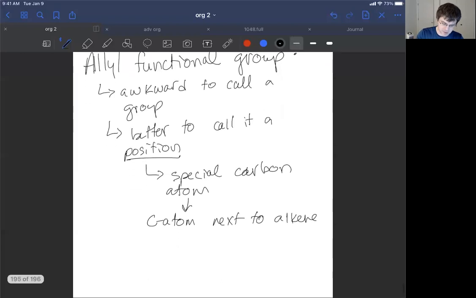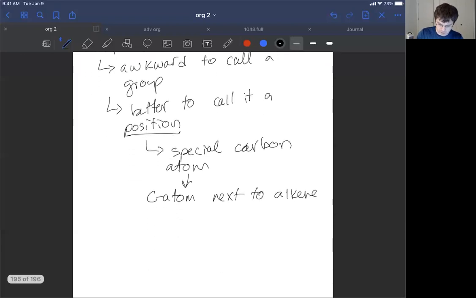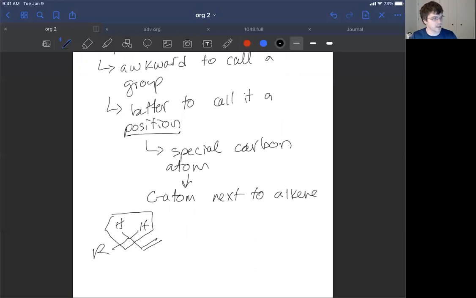Okay, so what does that look like? Well, if we have an alkene, what we want to do is consider these atoms that I've highlighted, circled with a home plate in baseball. So it's the carbon and the two hydrogens.